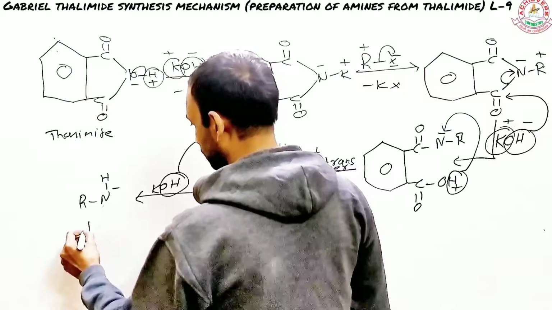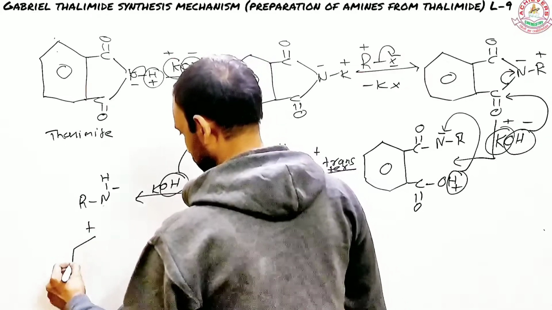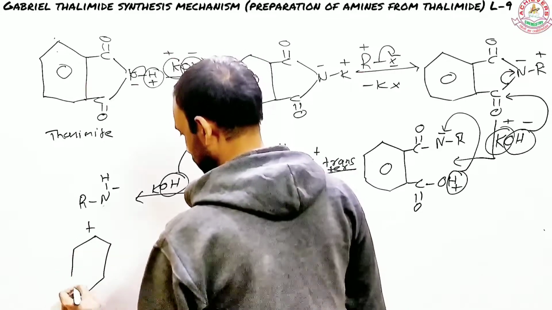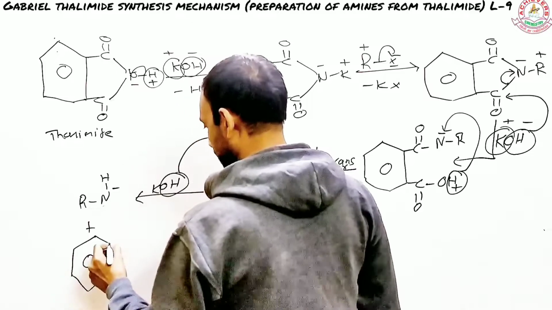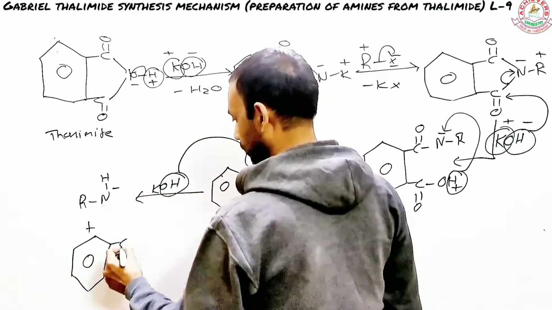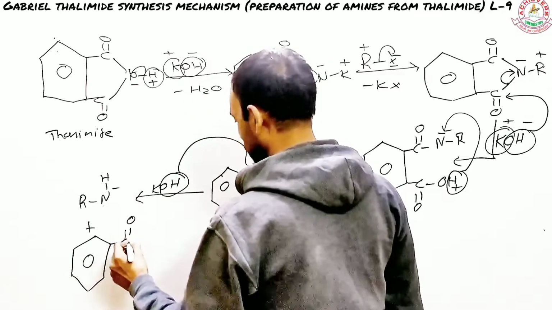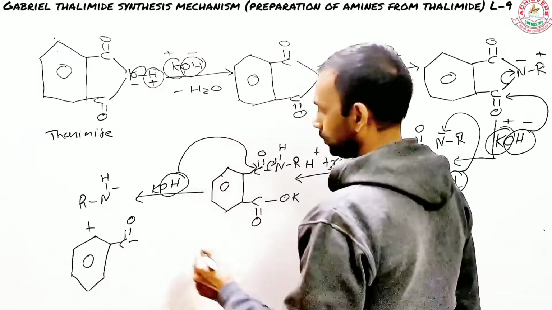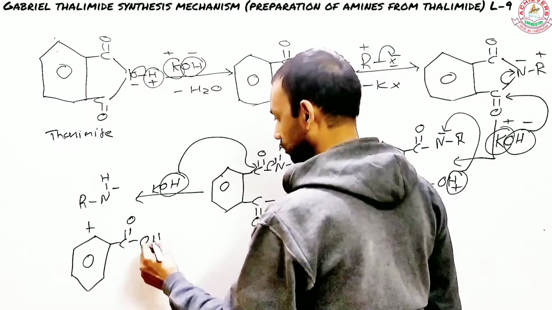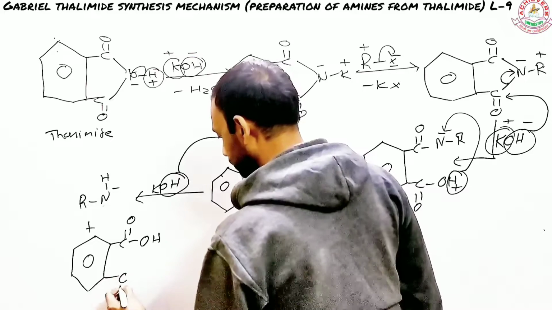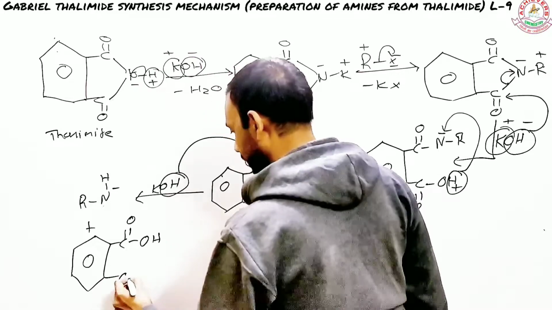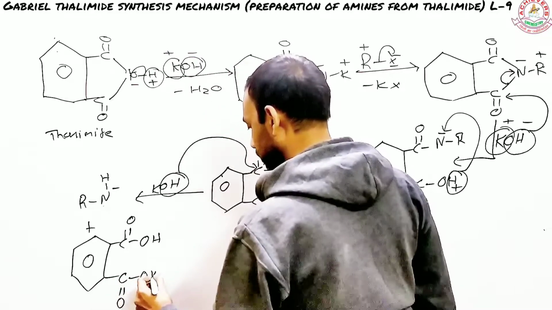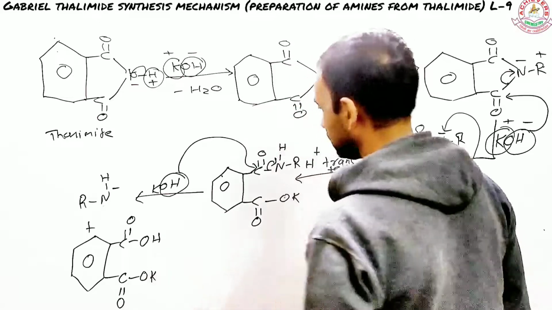So I'm placing them right here. So this is what the situation looks like. You have OH now, and this carbon already has a potassium salt. Now this is the situation.